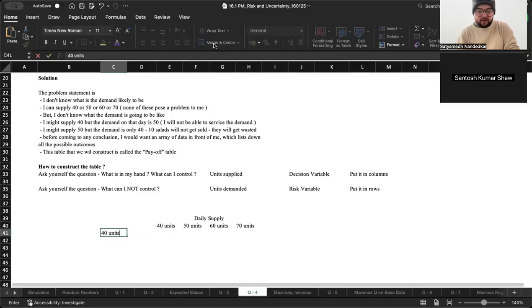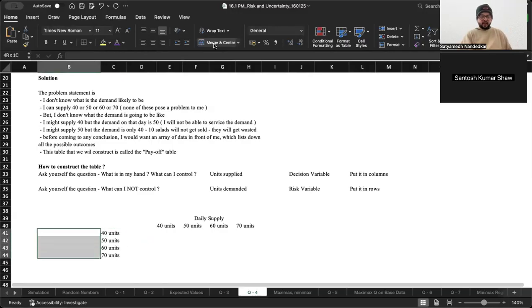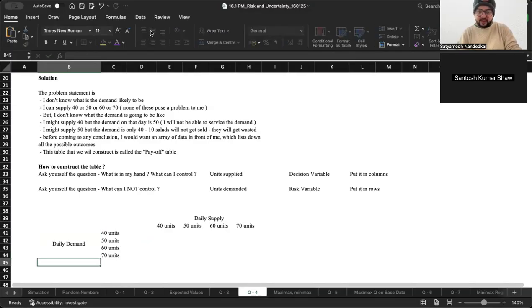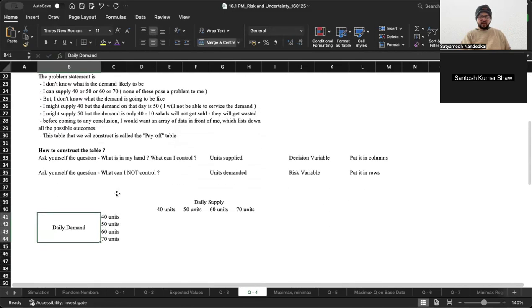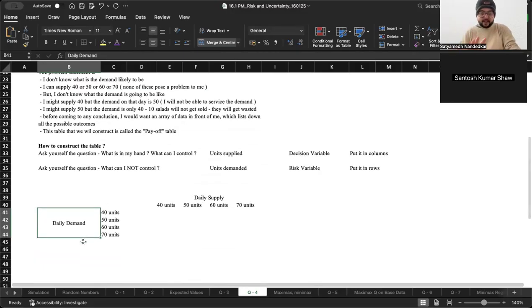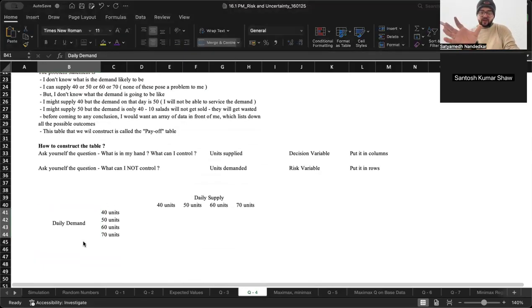Demand can be for 40 units or demand can be for 50 units or it can be for 60 units or it can be for 70 units. Okay. Now this is my risk variable. I will call it my daily demand is my risk variable in this case. ठीक है. So I write it down कि भाई daily supply and daily demand. This is the structure of the table.